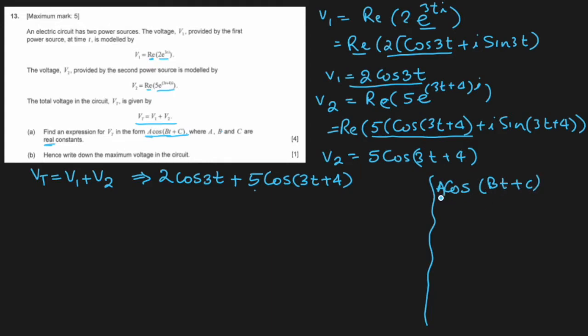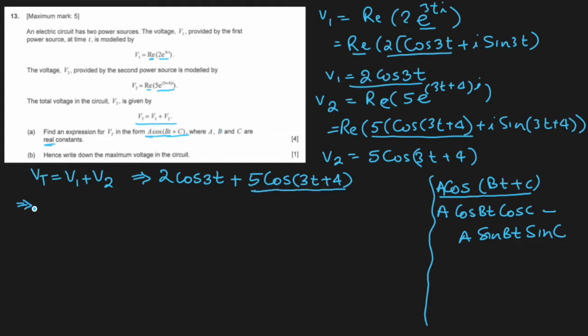So if I open this up, it becomes a cos bt cos c minus a sin bt sin c, right? But we don't see any sign here. That means we'll have to expand this one.